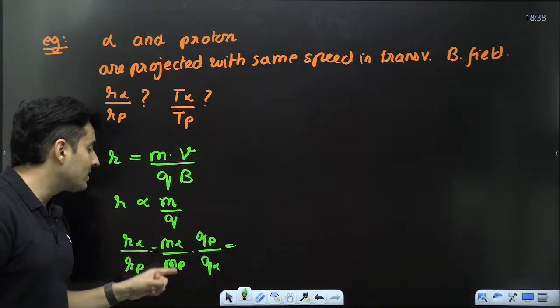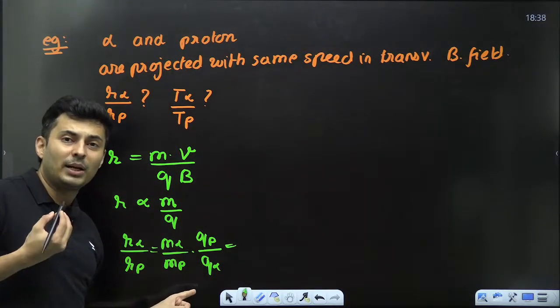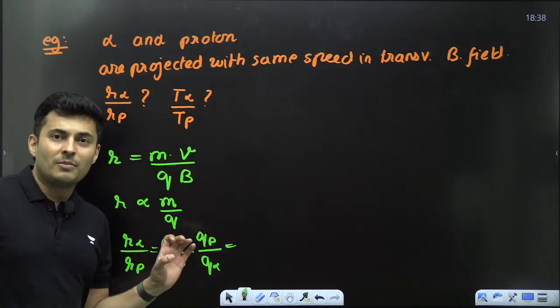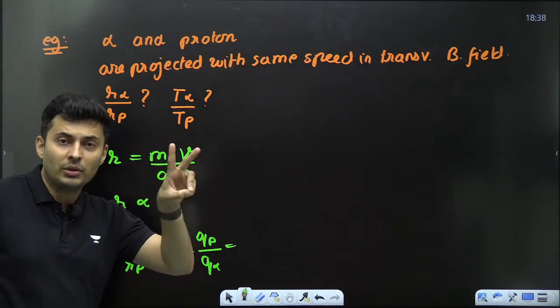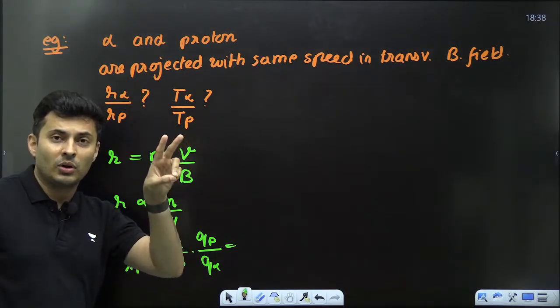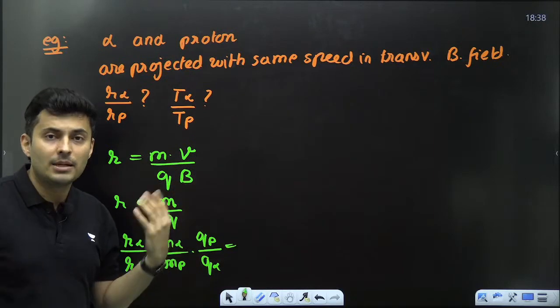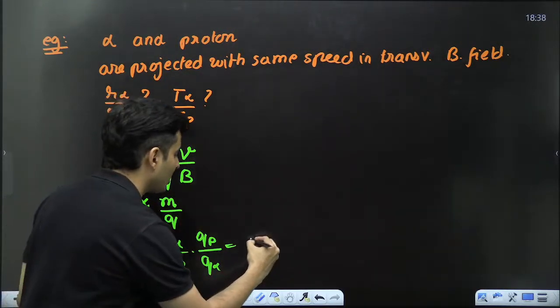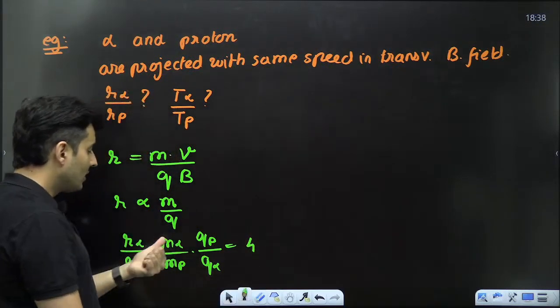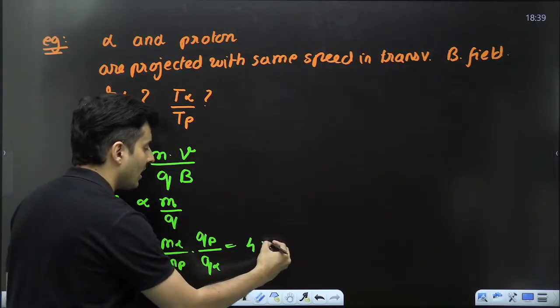Think, how many times is the mass of the alpha particle as compared to a proton? A proton is just a single proton. Alpha particle means 2 protons, 2 neutrons. It's a doubly ionized helium nucleus. So basically 4 times the mass of the proton. So can I say there is 4 over here? This is 4 times of this, the denominator. Everyone with me?